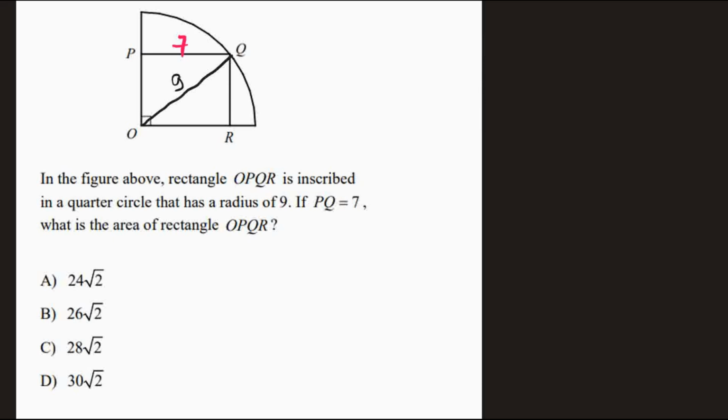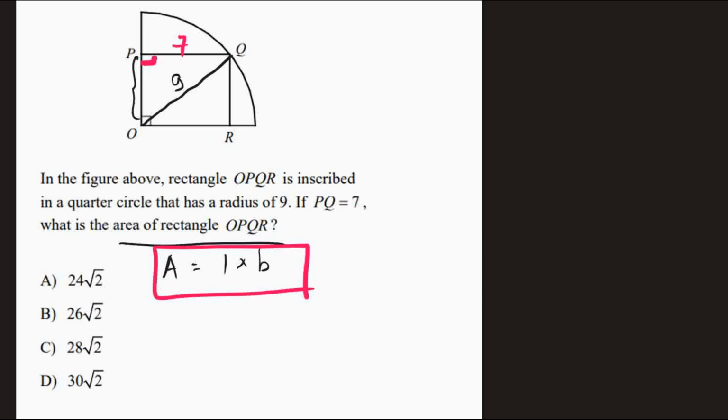OPQR? Now, to do this question, we can use Pythagoras, because this is a right angle triangle here. And we just have to find the side of PQ, because the area of rectangle OPQR, this is our formula, is length times breadth. Now, how to get the PQ side?